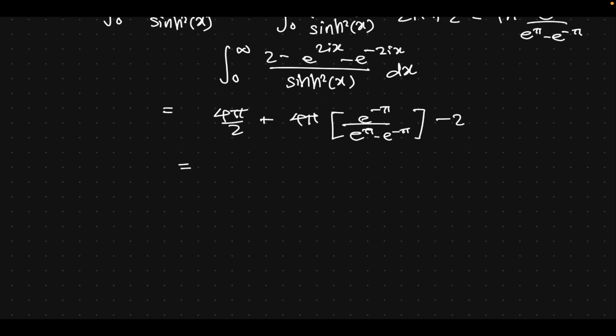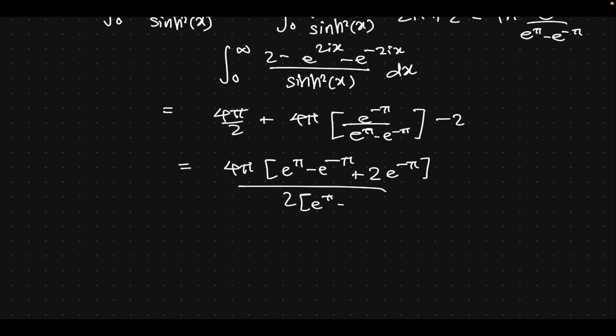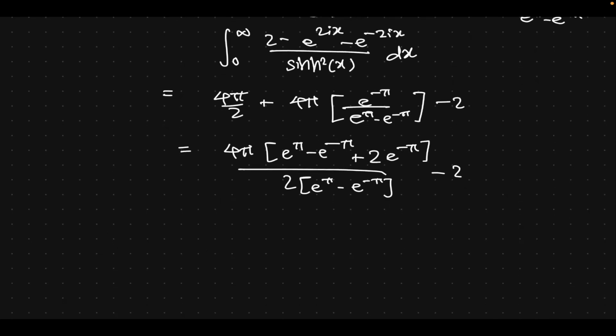We can rearrange this a little bit more. This actually simplifies nicely, because 4 pi over e to the pi minus e to the minus pi, plus 2 times e to the minus pi. So I've taken a common LCM out here for the first two terms, minus 2.